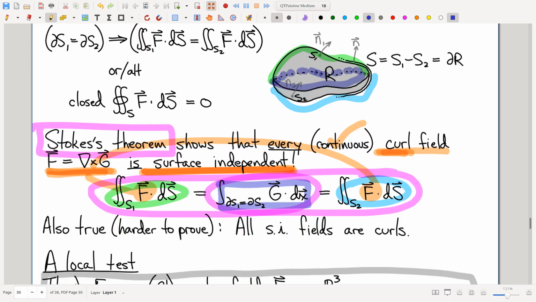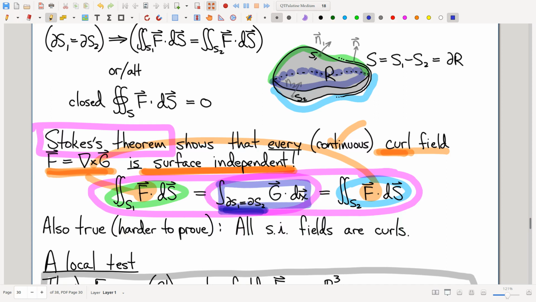And the whole point to surface independence and comparing these two fluxes is that these two surfaces have the same boundary, and if they have the same boundary, then of course we're going to get the same value in computing this line integral, and that means that the green flux and the blue flux have to be the same. So, again, totally analogous.